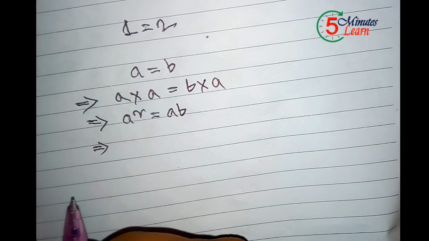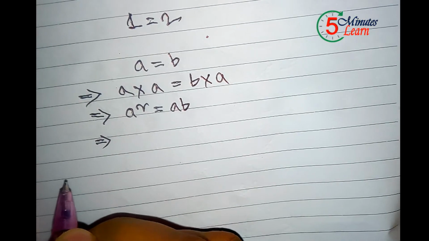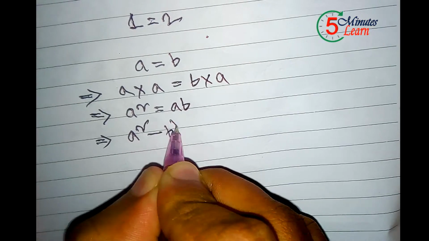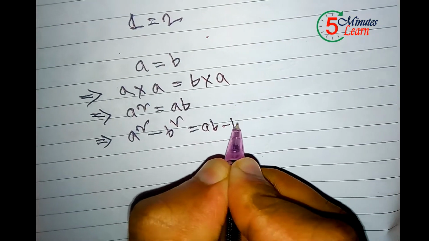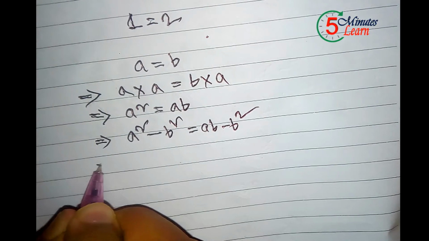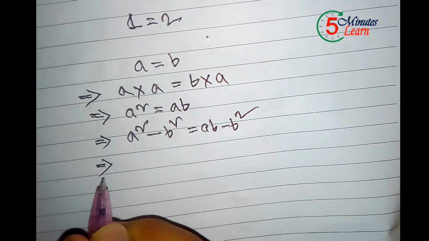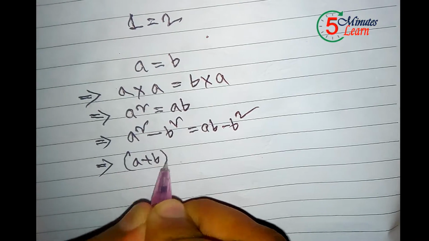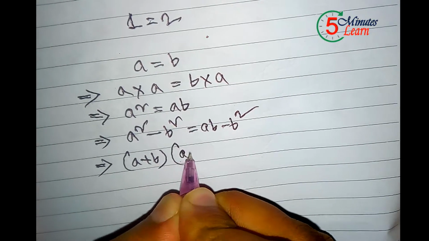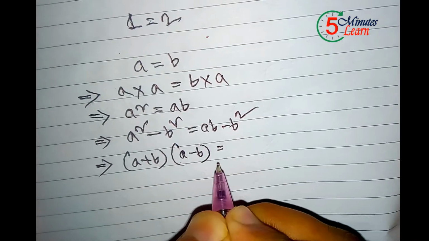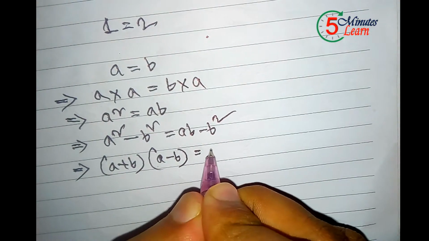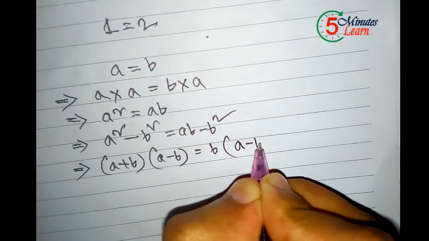Now if we subtract B squared on both sides, the equation becomes: A squared minus B squared, we can write in this form, and AB minus B squared, we can write in this form.